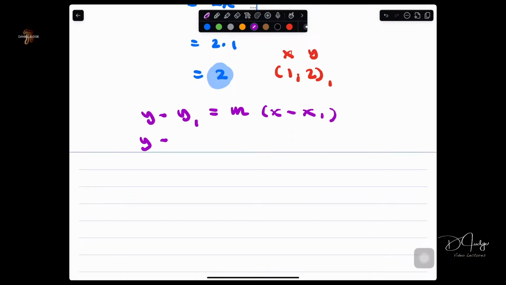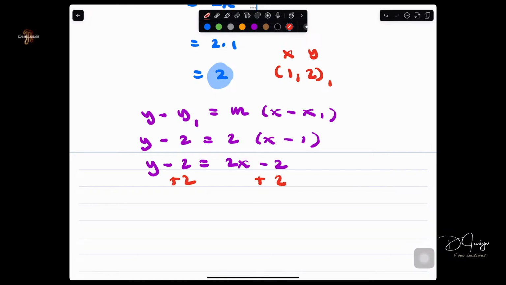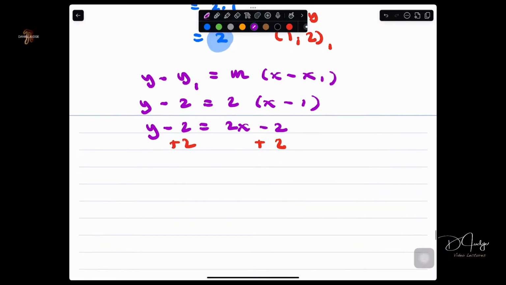So y minus 2 becomes 2 times x minus 1. So y minus 2 is 2x minus 2. We're going to add 2 to both sides. So you get the equation of the line tangent to the curve: y is 2x.